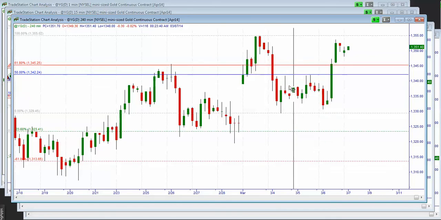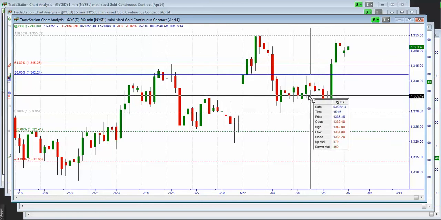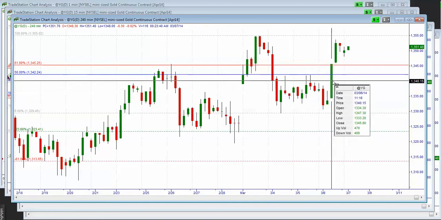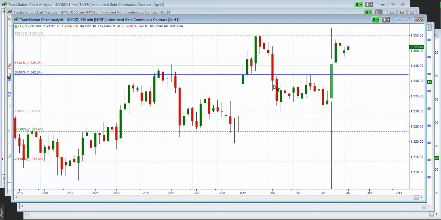So this could be traded and would provide us with a free risk, and either way, if price came back and stopped us out, it was worth taking this trade. 2 days ago, the market went to test this 1342 again, but eventually, as an effect of the ECB announcement, we saw today on Thursday this huge move higher. So there's not really a lot to do here.